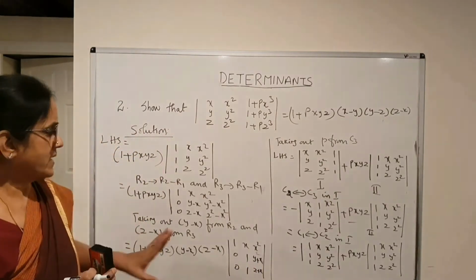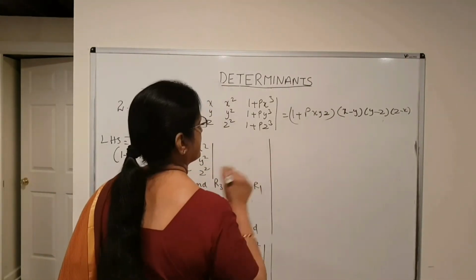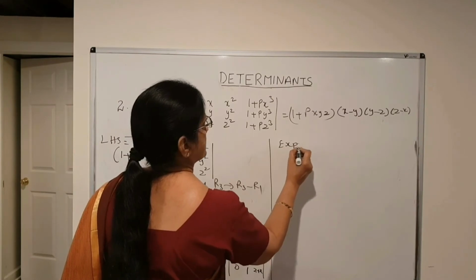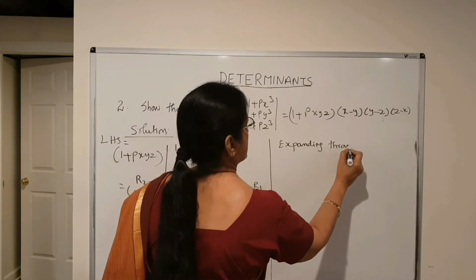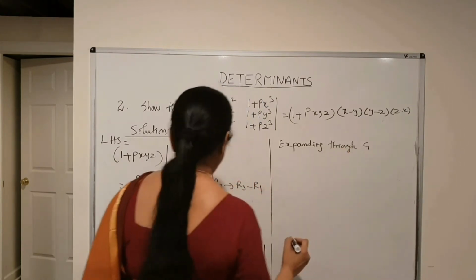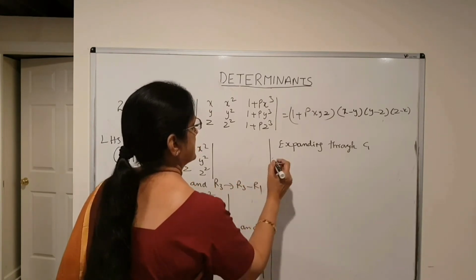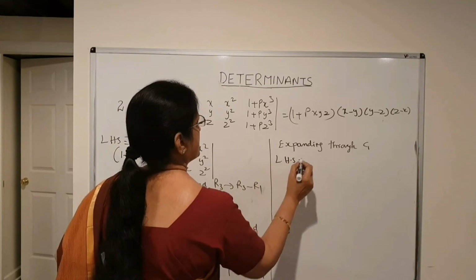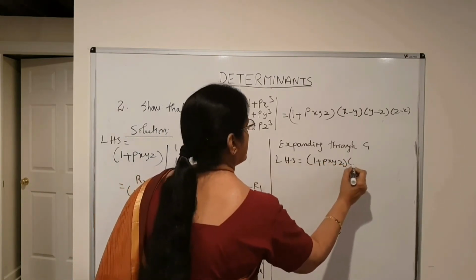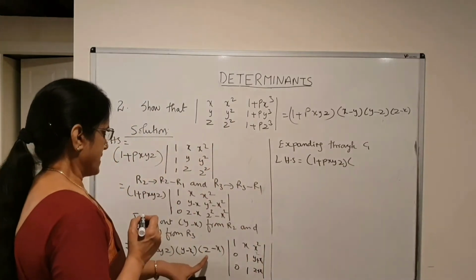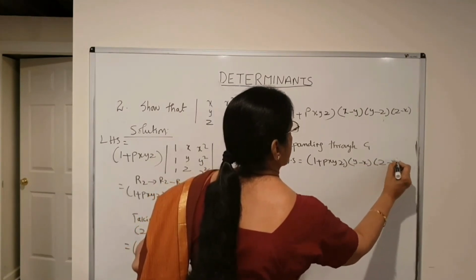Now I am going to expand this determinant using C1. Expanding through C1, we get LHS is equal to 1 plus pxyz into y minus x, z minus x. y minus x into z minus x.